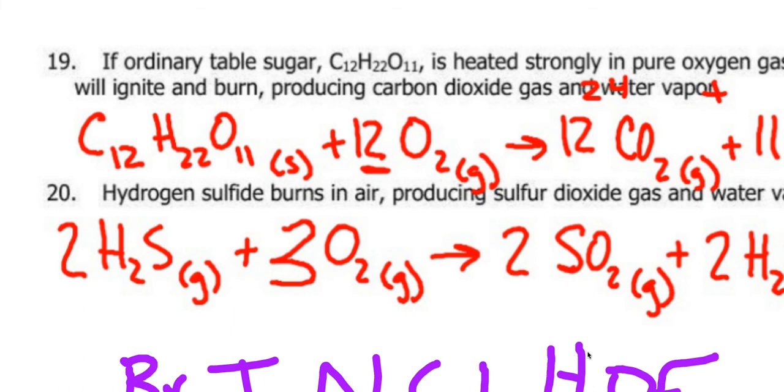These 7 elements don't ever exist by themselves. Anytime you have one of these elements alone, they automatically pair up with their identical twin. So in number 20, where it says burns in air, or number 19, burns in pure oxygen, the oxygen has to be O2.